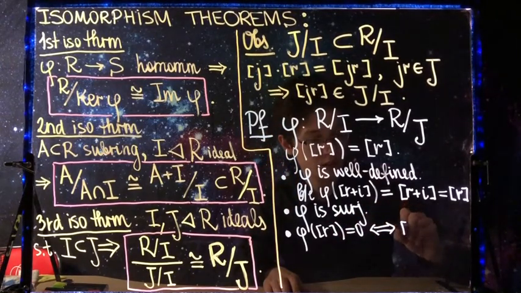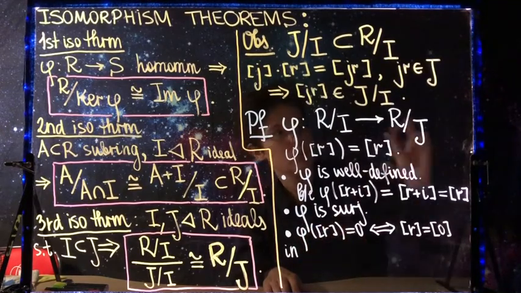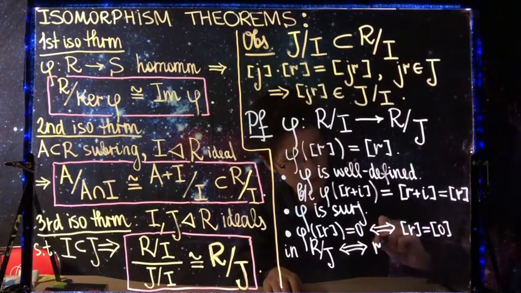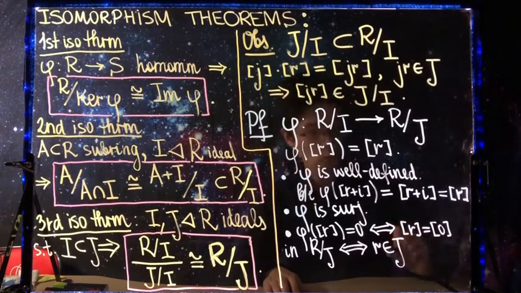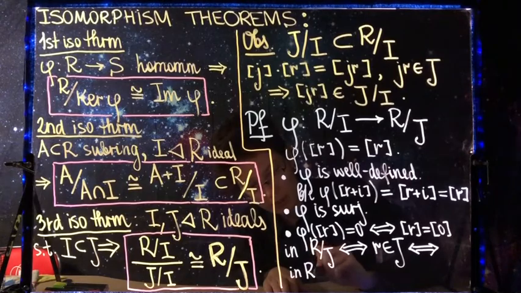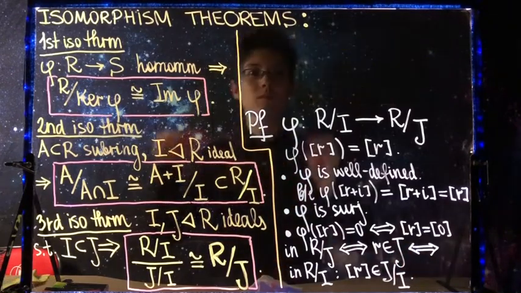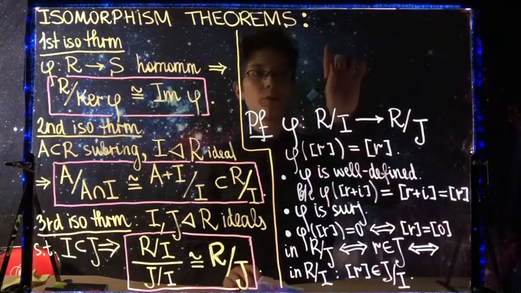It happens when r is equal to 0 in R mod J, and by the construction of the quotient ring, it happens when r is in the ideal J, but this is the same as saying that in the ring R mod I, the class of r belongs to J mod I. I will finish the proof up here.